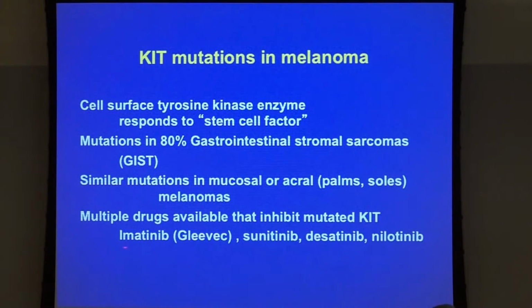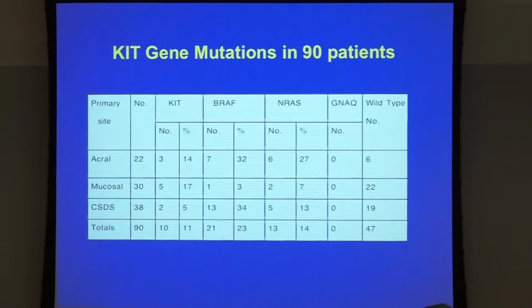And there are now actually at least 4 drugs that are FDA approved. The first 2 are FDA approved for the gastrointestinal stromal tumors. Sunitinib, that I studied, will soon become generic, that inhibit mutant KIT enzymes.